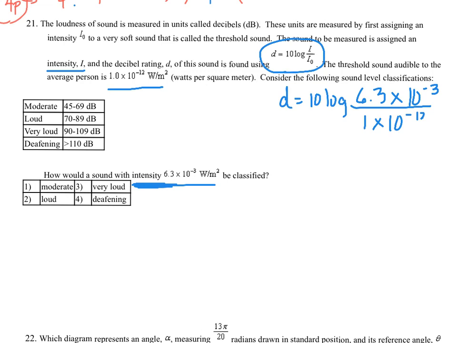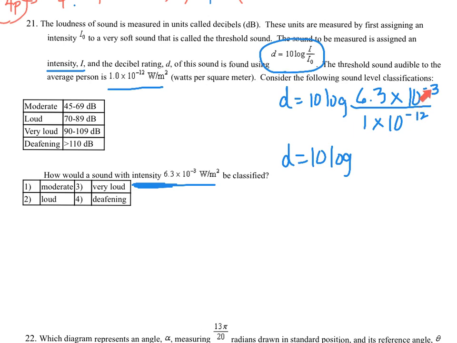All right, so now I'm going to try to simplify that fraction because that looks kind of messy. If I simplify, remember when you have division with exponents, you can subtract those. So let me give you a little pointer here. I can do 6.3 divided by 1, which is just going to be 6.3.